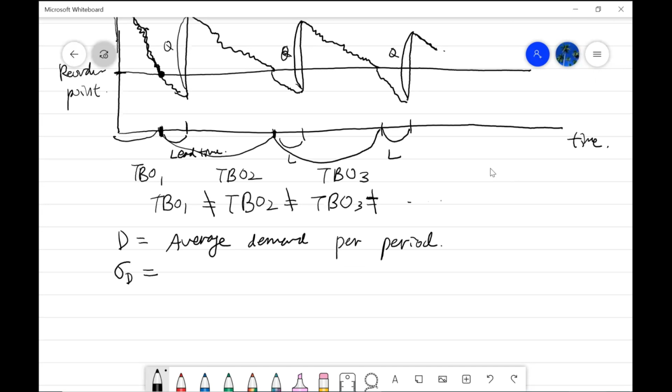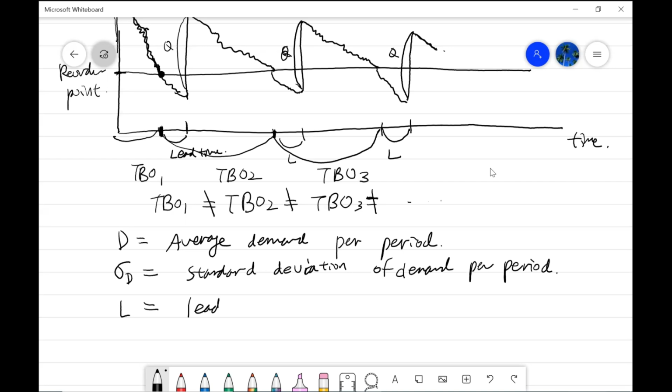And sigma D is the standard deviation of the demand per certain period. The reason I specify this is because demand is uncertain, okay?